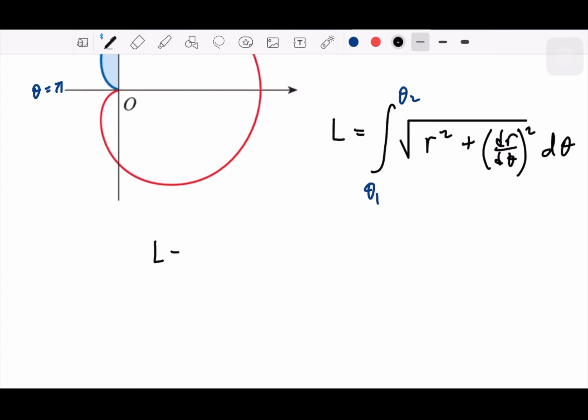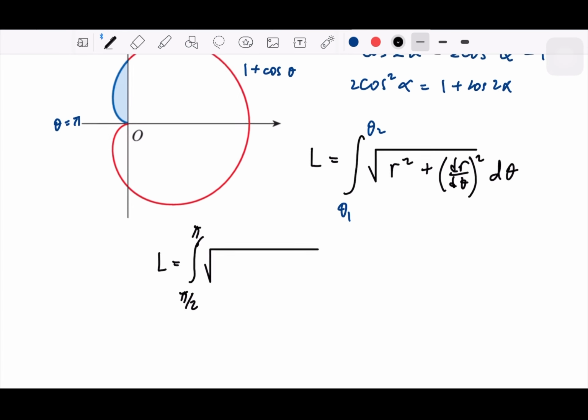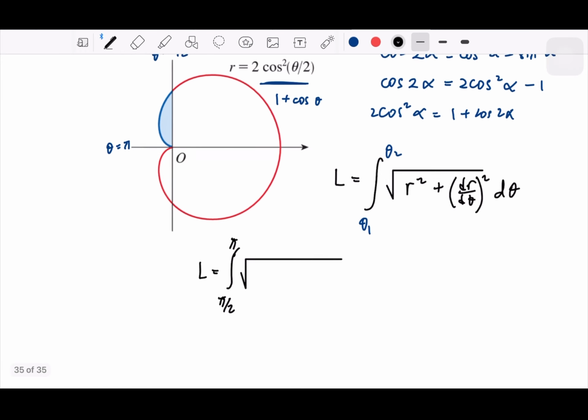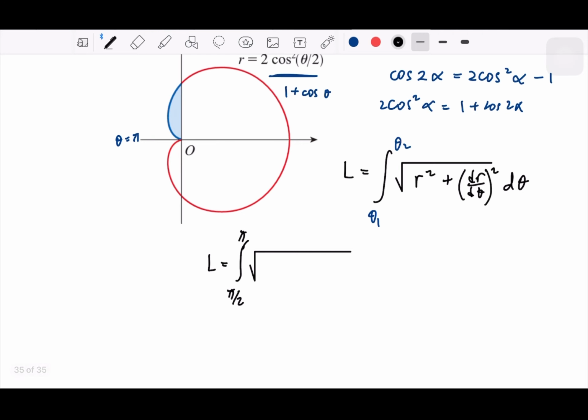So basically, we can write L as the integral from pi over 2 to pi, and inside you can choose which formulation you prefer. Let me choose the original one, before we choose 1 plus cos. We write r squared as 2 cosine squared theta over 2, squared.